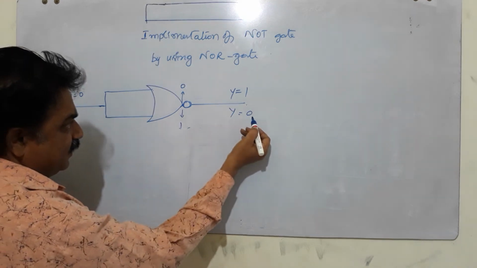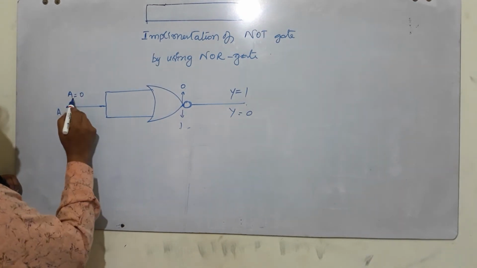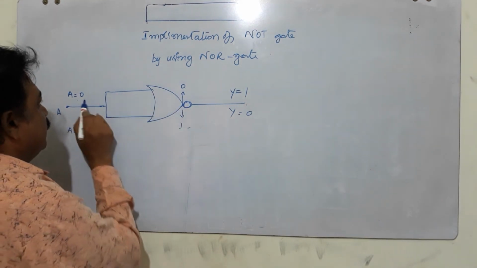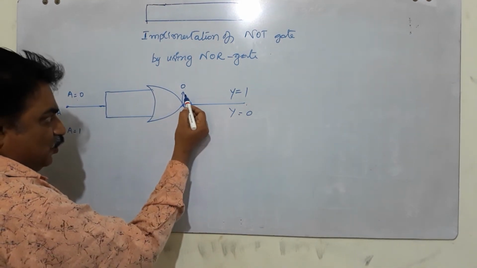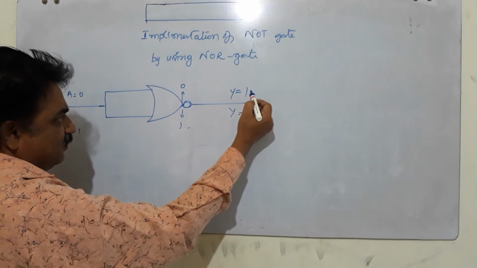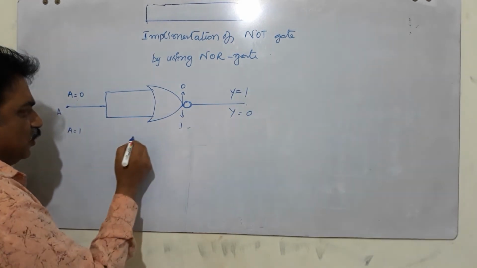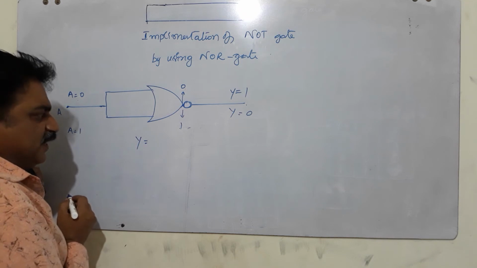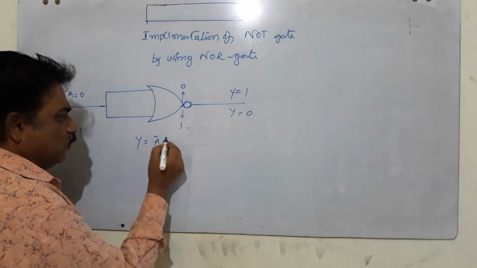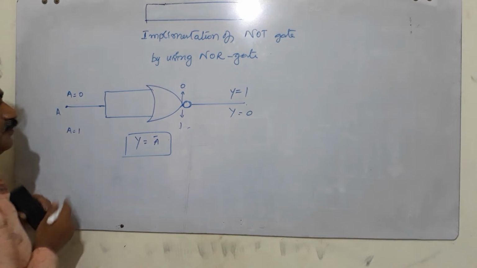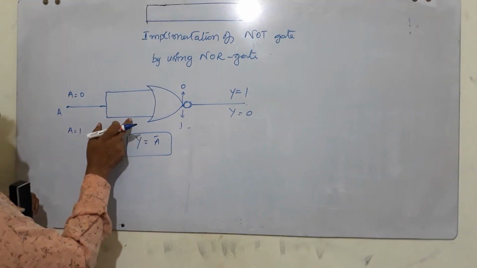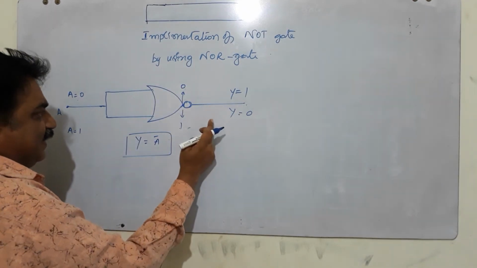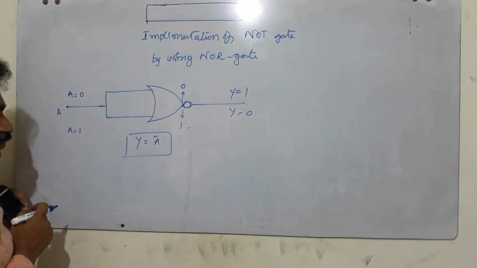This 1 is converted as 0. Here, if input is 0, the OR gate brings as it is 0, but this NOT gate converts this one as 1. So it is following the Boolean expression as y is equal to a bar. This is single input NOR gate acted like NOT gate.